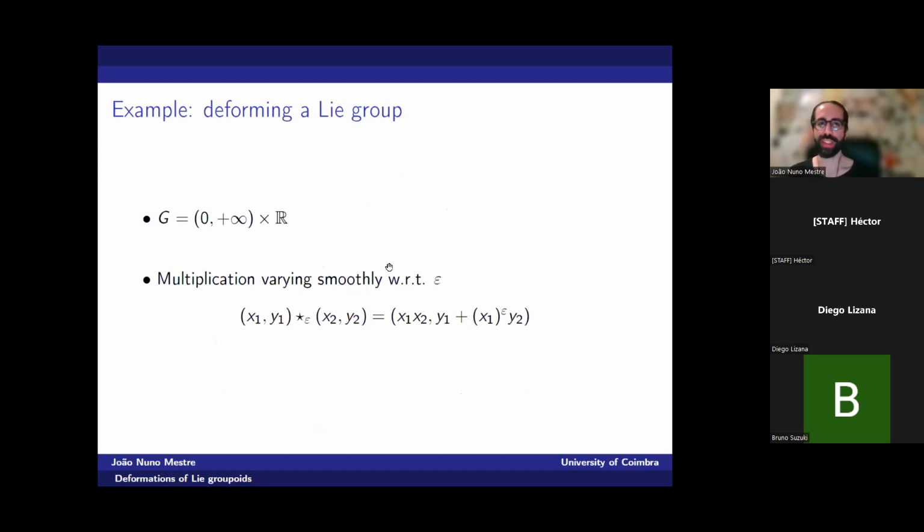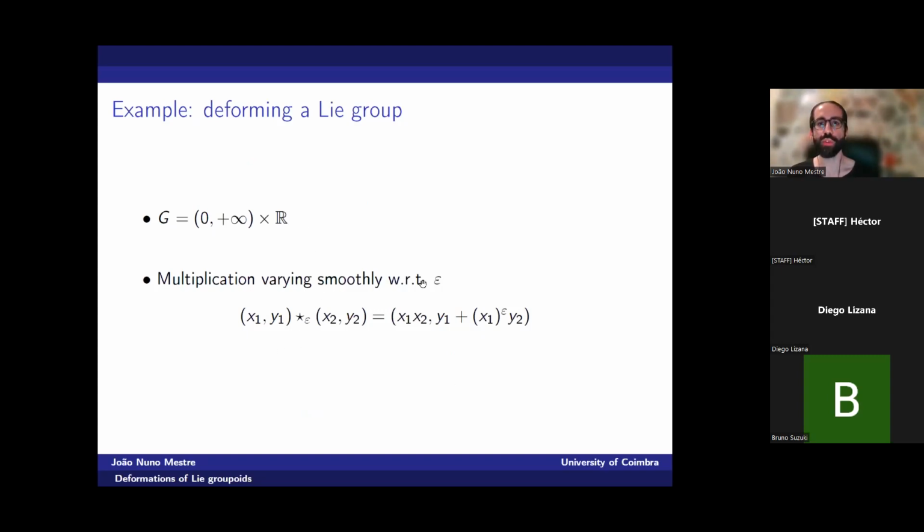So just to give you examples first, this is something I would consider a deformation of a Lie group. Start with the Lie group which is the Cartesian product of the Lie group of positive reals with multiplication and the reals with addition.